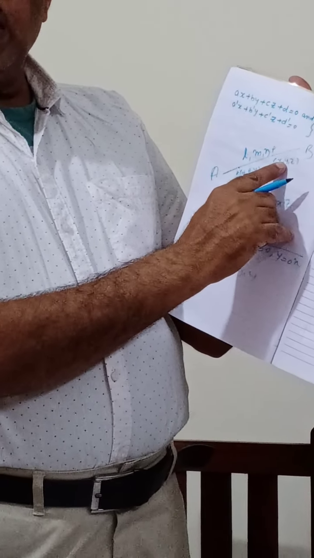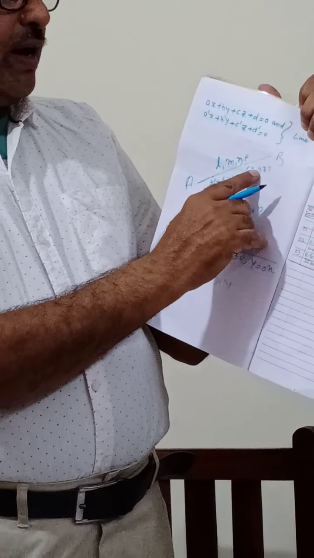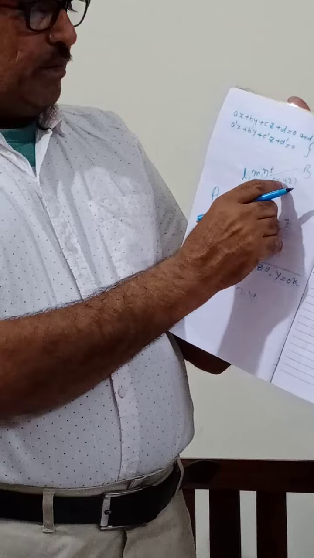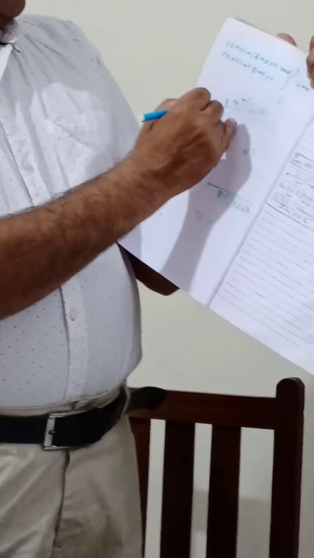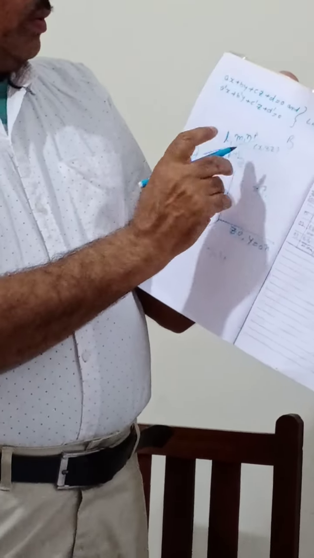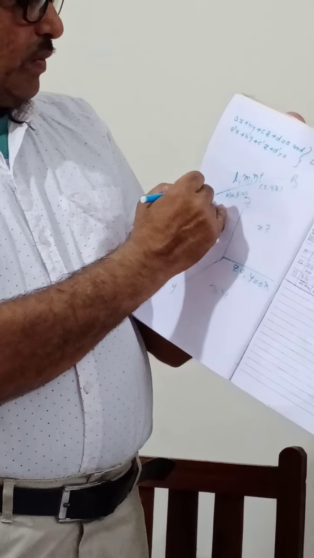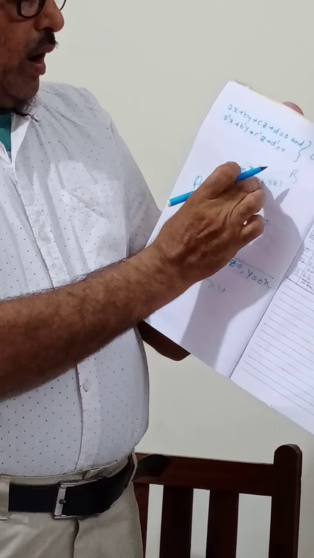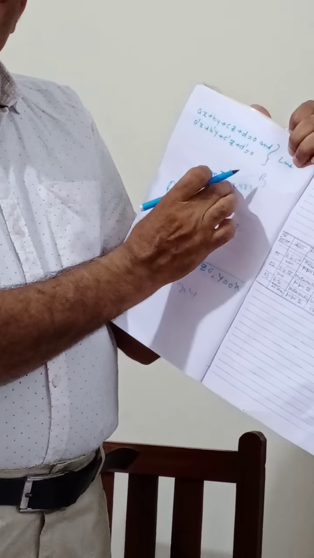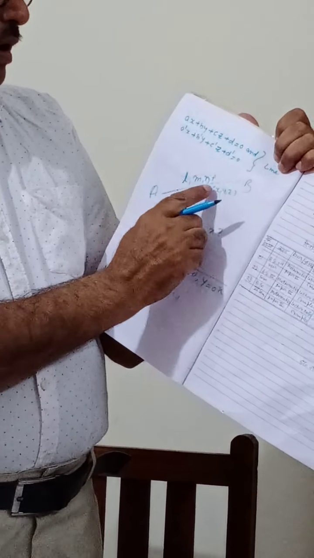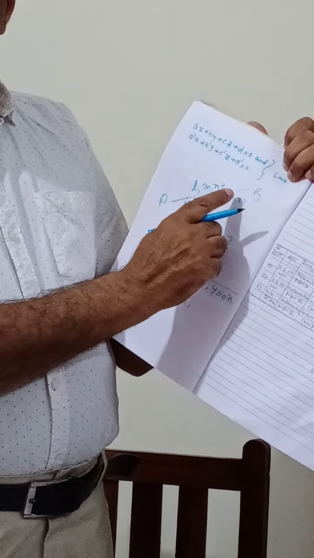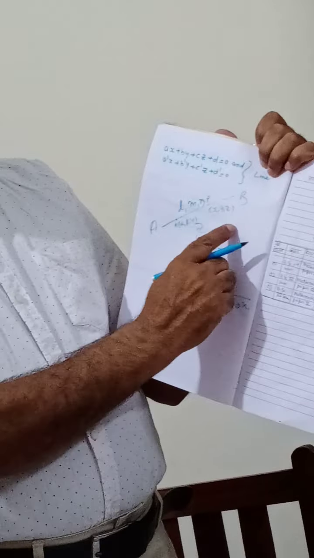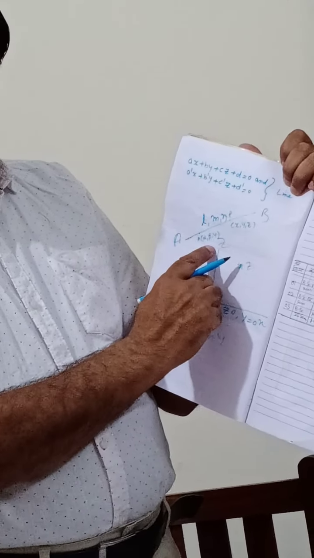Take a general point P(x, y, z) on this straight line. Then the direction ratios of AP are x minus alpha, y minus beta and z minus gamma.